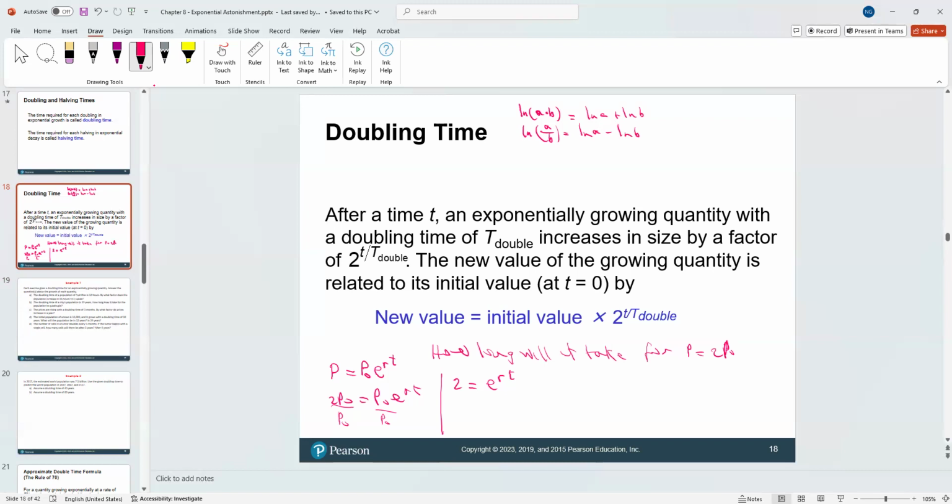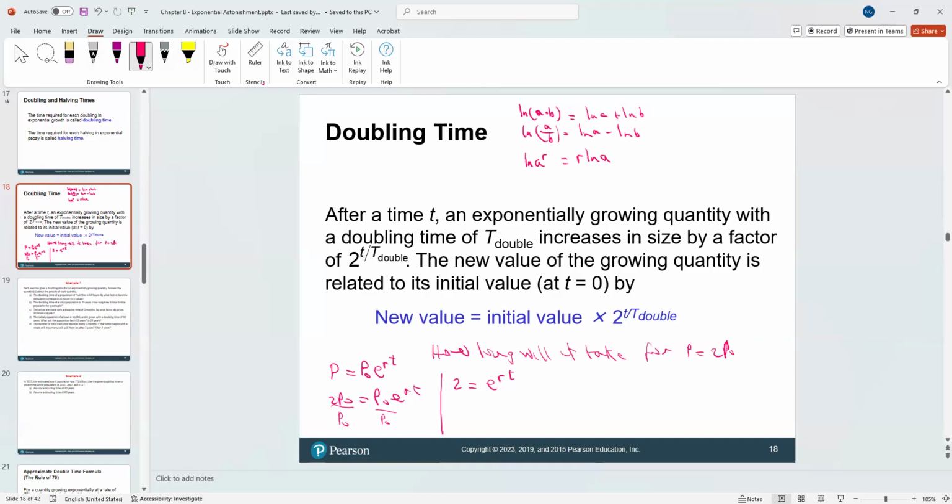If you have ln of a to the power r, you can bring the exponent to the front, and then you have r ln a.